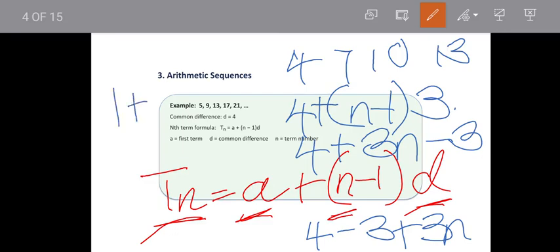So now you've got 1 plus 3n, which we can now rewrite as 3n plus 1. So now we are saying that Tn is equal to 3n plus 1. So we found the nth term. That is how we find an expression for the nth term.